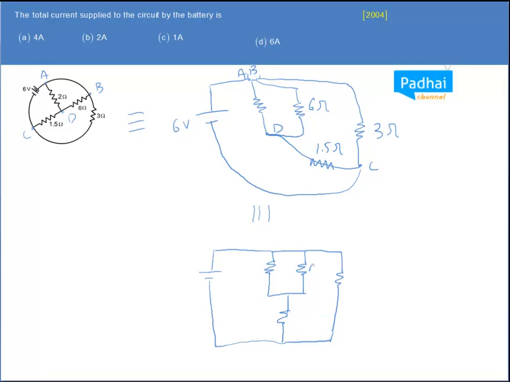So this was 6 ohms, this was 2 ohms, this was 1.5 ohms, and this is 3 ohms. So basically what is happening, 2 and 6 are in parallel to each other, right? And that parallel is in series with 1.5 ohms, and this net resistance then will be in parallel with the 3 ohm resistance, right? So we can again redraw the circuit.